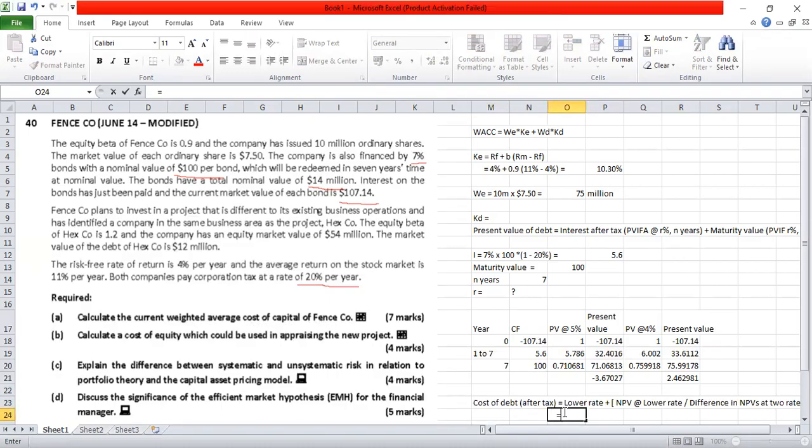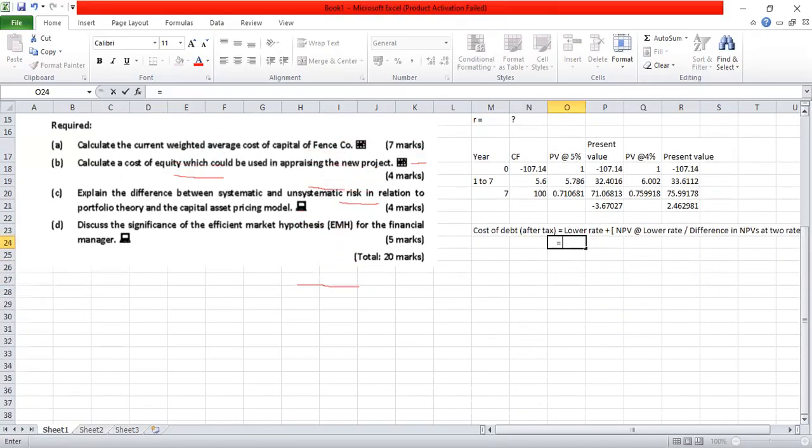So now we see that the lower rate is between 5 and 4%. The lower rate is 4%. 4% plus NPV at the lower rate, which is 2.462, or you can take it as 2.46, divided by one figure is minus 3.6, another figure is 2.4.